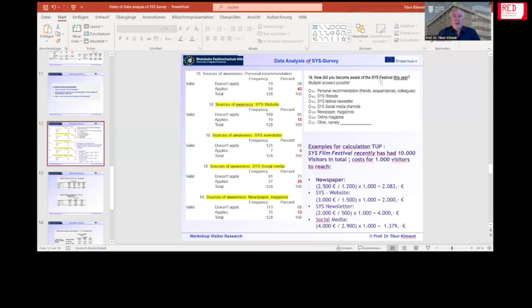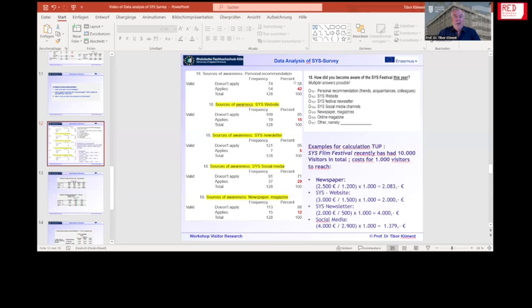The question was, how did you become aware of this festival this year? There we have personal recommendation, this website, festival newsletter, social media channels, newspaper magazines, online magazines, others. And here we have the answers.